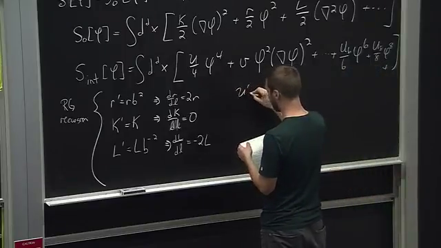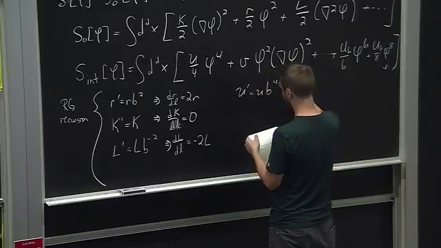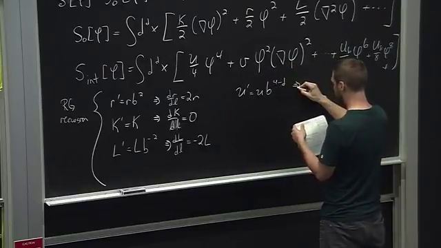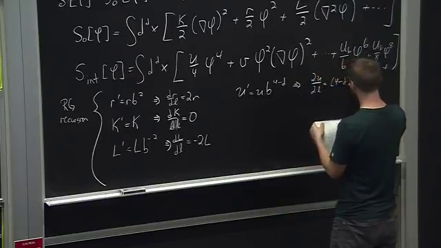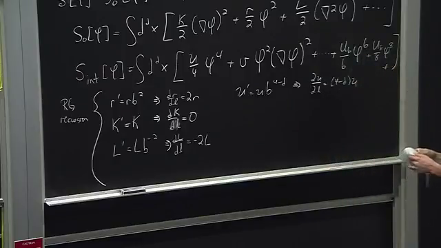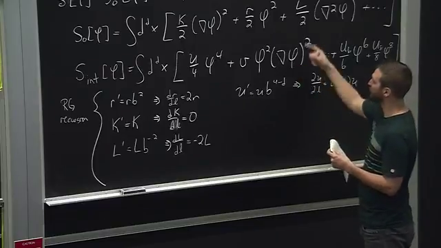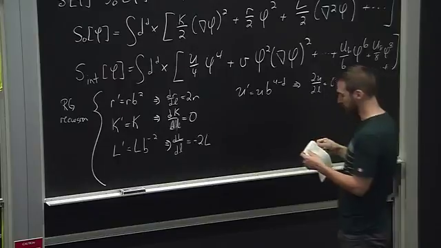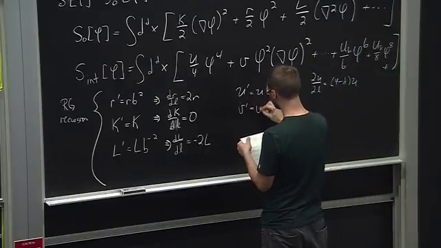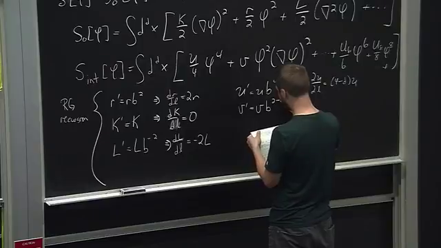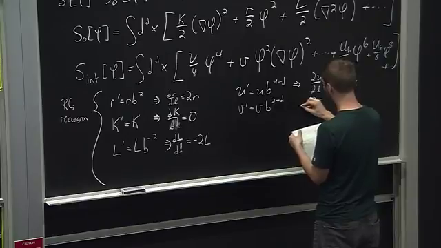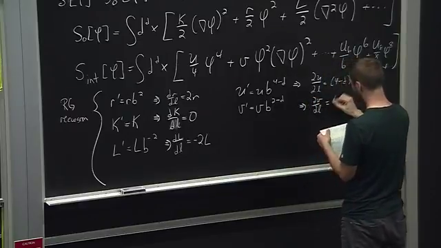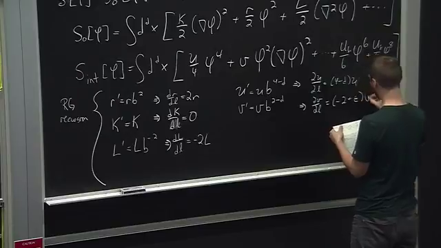So for U4, we already calculated that one. The differential equation is 4 minus d, that's your epsilon. V, that's the lowest order coupling between phi squared and the gradient, goes like 2 minus d, so it's minus 2 plus epsilon.